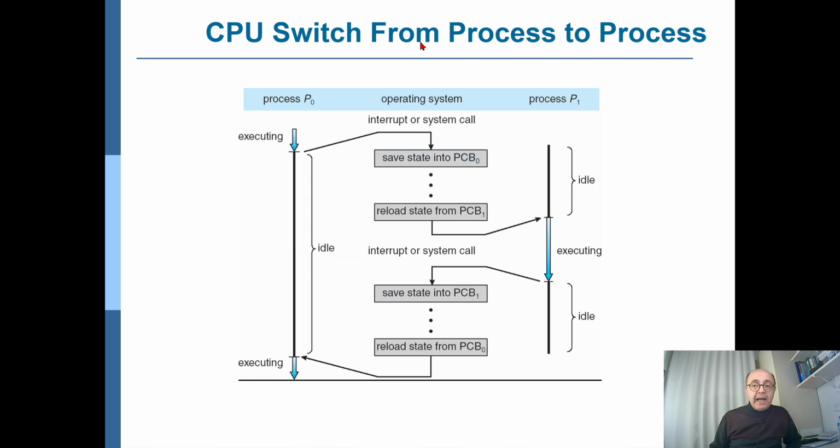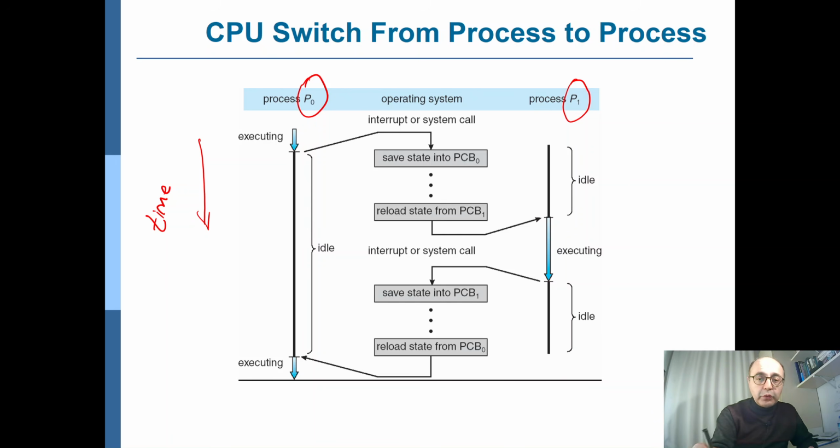So as a process is executing, now read this figure from top to bottom. So the time flows this way. Okay? This is for process P0 and this is for process P1. Of course, there are many processes in the system, but we're talking about a very simple scenario where we have only two processes.